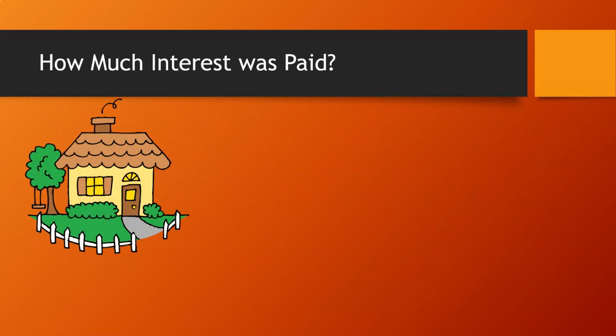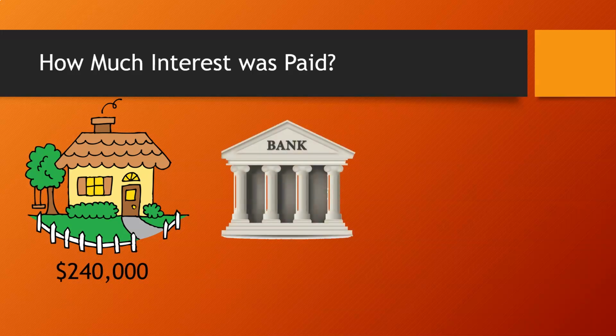So, remember what goes on with this problem. She's buying this house for $240,000, but she's not borrowing that entire amount of money. She borrowed $216,000. And she paid that money back by making monthly payments of $1,159.52.